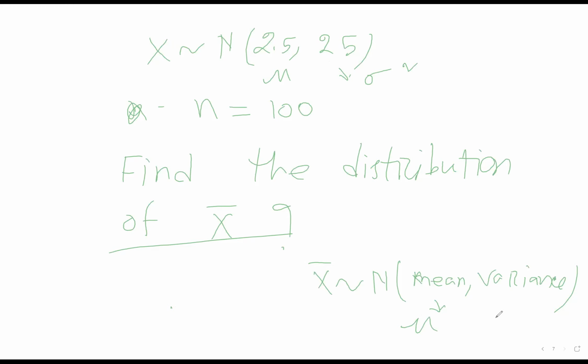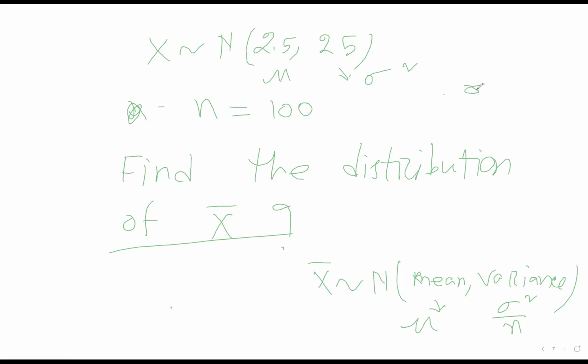So what is the variance of X bar? This is sigma square over n. So when you are calculating the variance of X bar, this is not just sigma square. This is sigma square over n. So you have to divide the variance by 100. Yeah, you're close, but it's not a square root. You will have a square root when you calculate the sigma.